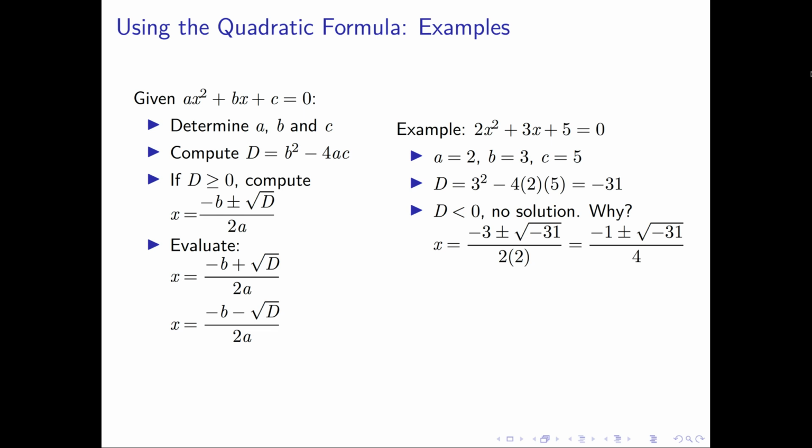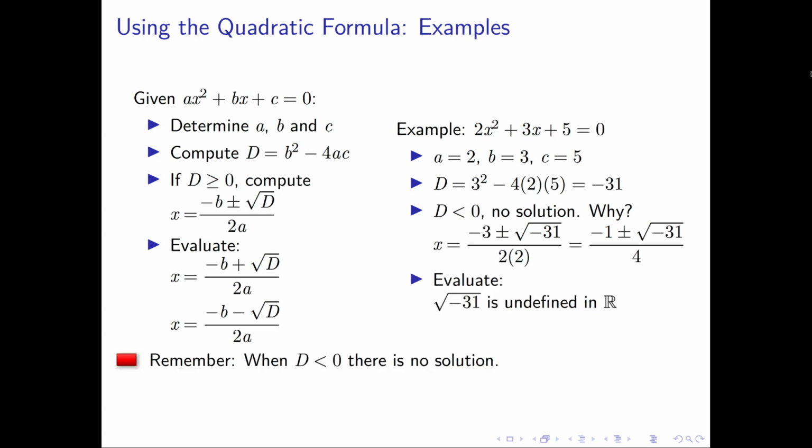Now, we see in the next step that this indicates that there is no solution. Why? Because if you evaluate this for the discriminant equals -31, you'll see that it involves the square root of a negative number, and that is undefined in the real numbers. So when the discriminant is less than 0, there is no solution.